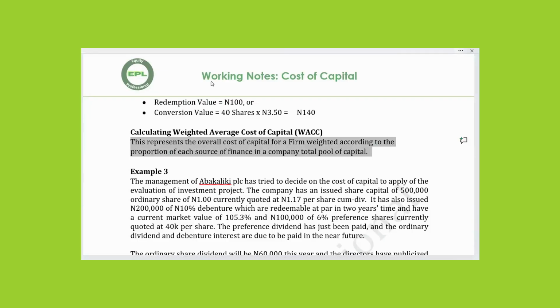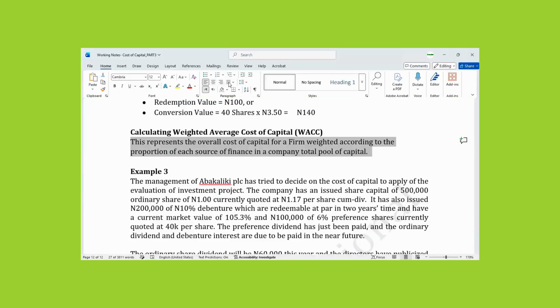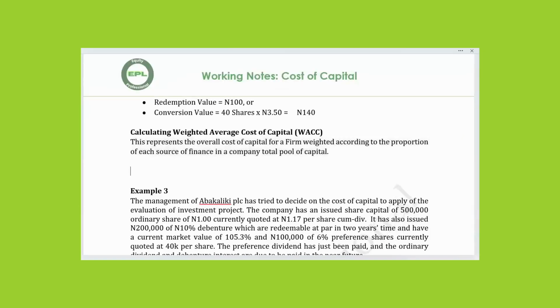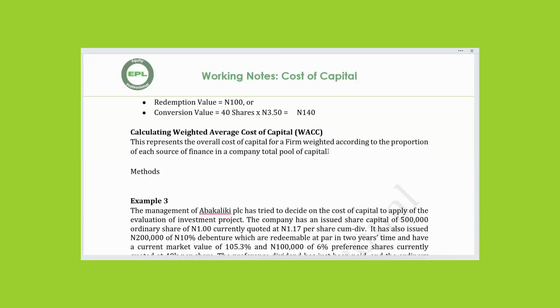Now, how do you estimate WACC? Let me just summarize my points, okay? Methods of calculating WACC. Let me put it that way so that we can finish on time.